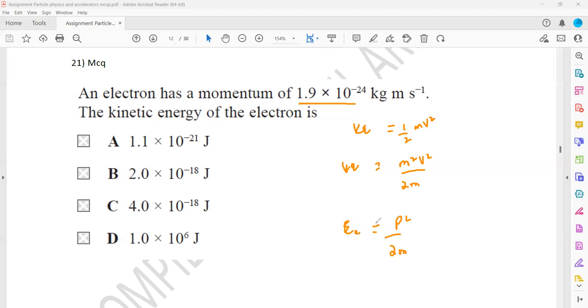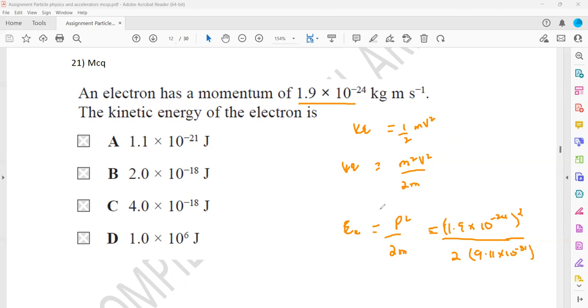So we need the kinetic energy, and we have the momentum. That will be 1.9 times 10 power minus 24, squared, divided by 2 times the mass of the electron, which is a constant: 9.11 times 10 power minus 31 kg.